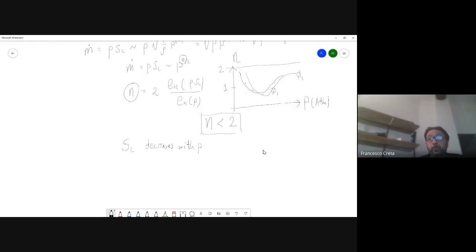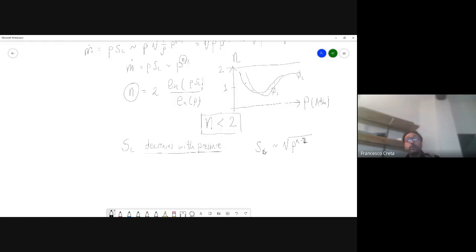That's one basic result. Because remember, SL scales like the pressure to the n minus 2, so if n is smaller than 2, obviously SL will inversely depend on pressure.